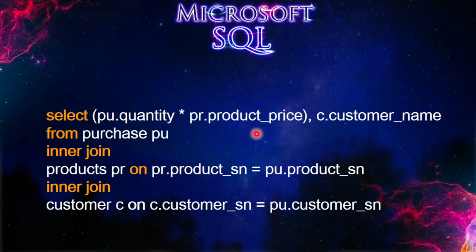Select max product serial number, which is different than the serial number that increments within the table, by the way, where product SN is equal to select max, the maximum value of product SN from the table, from products. That's the name of the table. And you get the row that has the maximum product serial number.